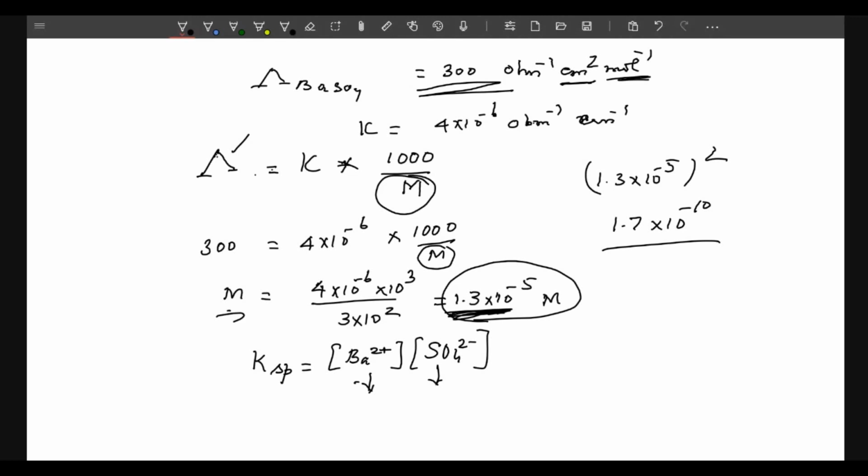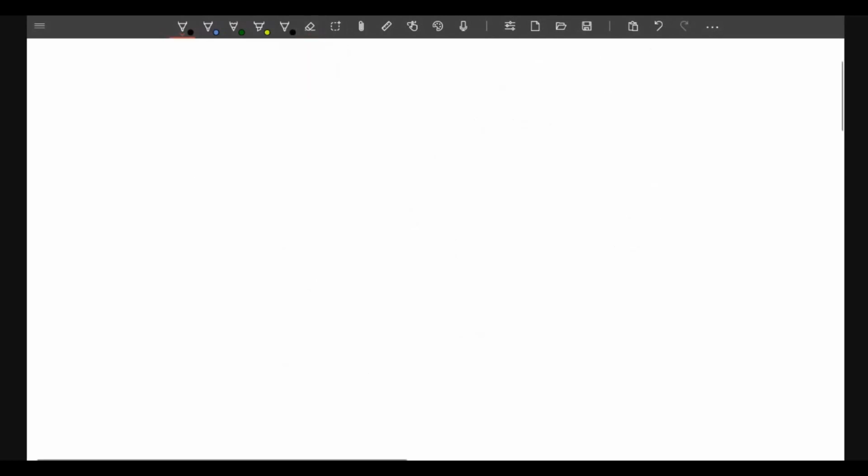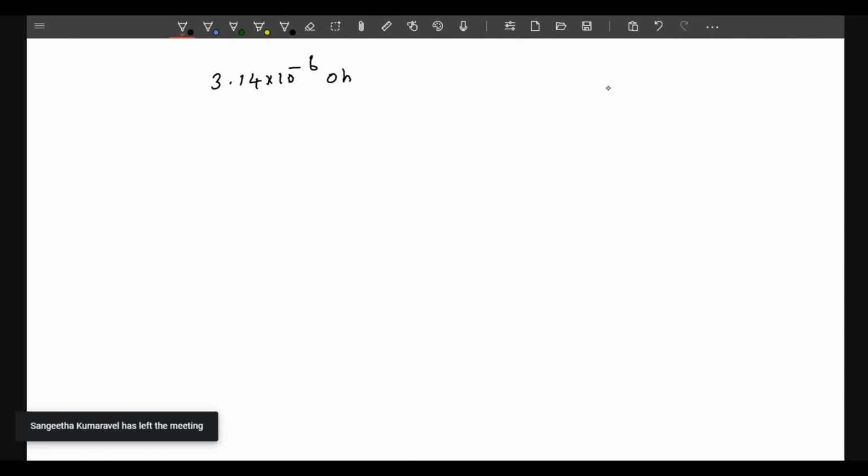Now take down the problem as a homework. For a saturated solution of silver chloride, the specific conductance is 3.14 into 10 power minus 6 per ohm per centimeter.